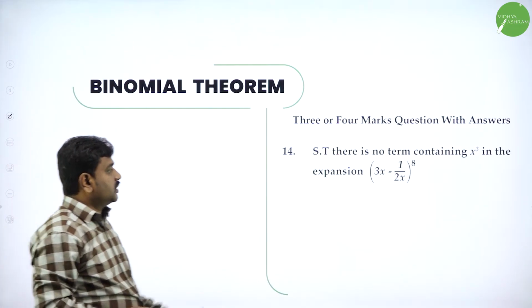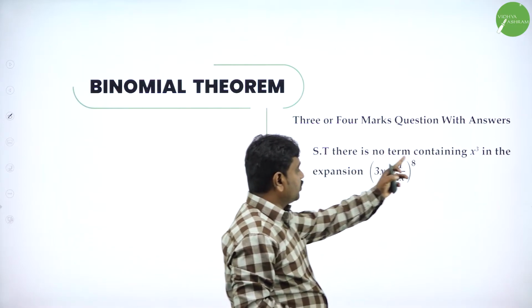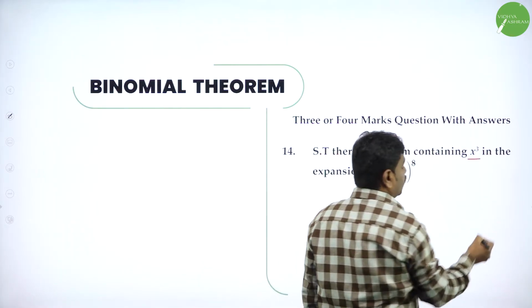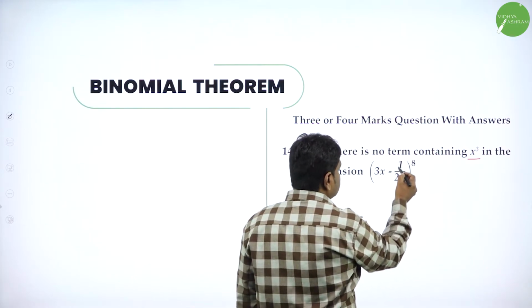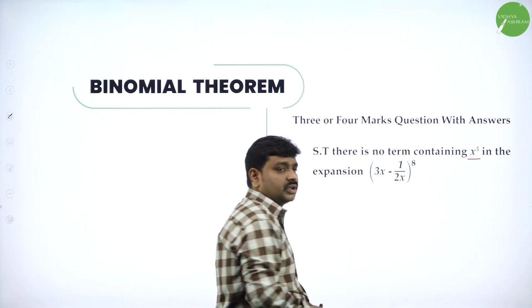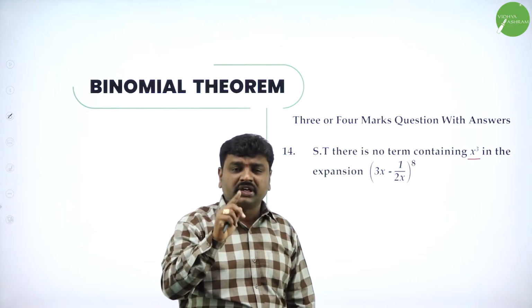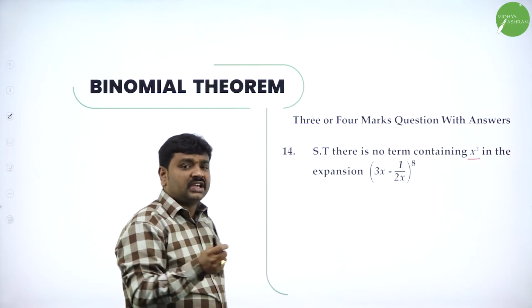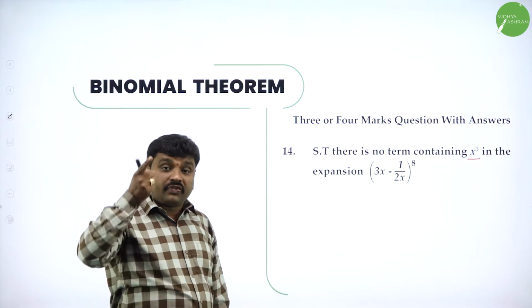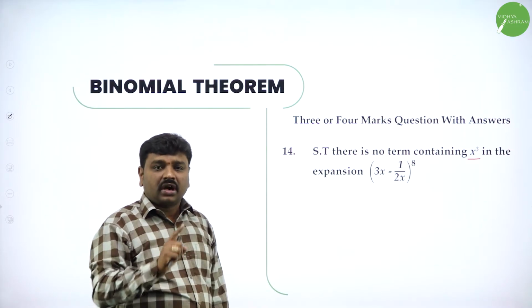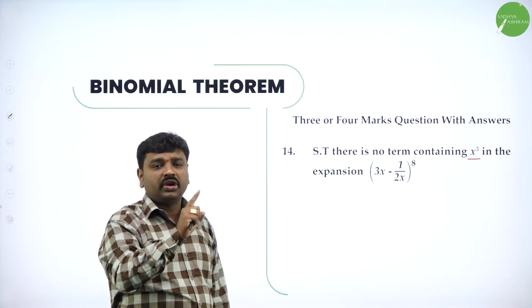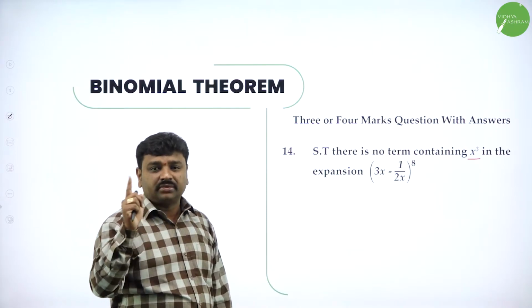Next. Show that there is no term containing x cube in the expansion of 3x minus 1 by 2x whole power 8. Now we need to prove there is no term containing x cube. First we will find the term containing x cube. When you find the term, if you get a fraction, remember the term number should always be a whole number: first term, second term, third term.